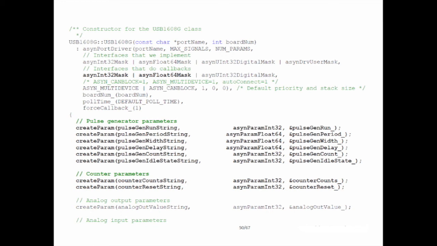You could use the same string and have it implemented on both the float64 and int32 interfaces to do different things. But the parameter list in asynPortDriver doesn't allow you to do that. Each parameter is one string. It's got to be unique, and only one interface for that string. It's not a big limitation, but it's something to be aware of. I haven't ever found it to be limiting, because typically something's an integer or it's a float, and it's not both.